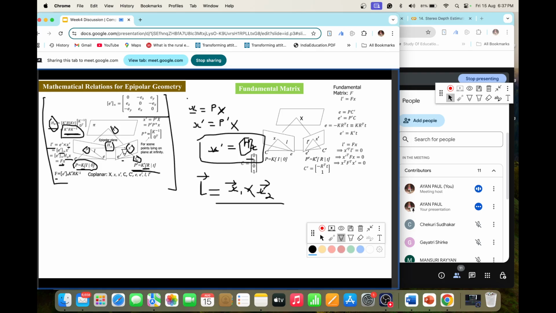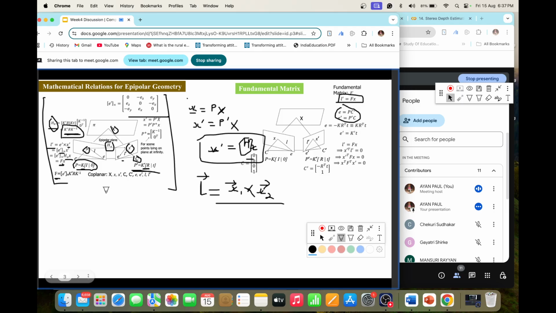Like to get the epipolar line L dash, or the right epipolar line, we need to multiply the fundamental matrix and the corresponding image point in the left image plane. So L dash is nothing but Fx. This is another important thing. Now these two I have already discussed regarding the definition of the epipoles. So how can we get the epipoles?